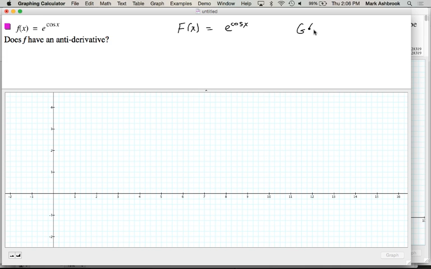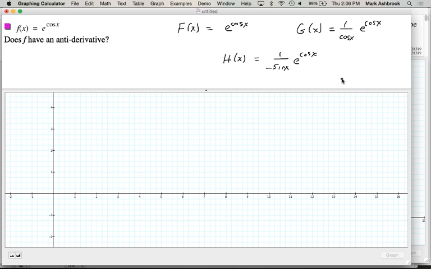All right, capital G. Another possibility, 1 over cosine x, e to the cosine x. Any other possibilities? 1 over sine x, e to the cosine x. Over negative sine x, e to the cosine x. Do any of these have as its derivative e to the cosine x?